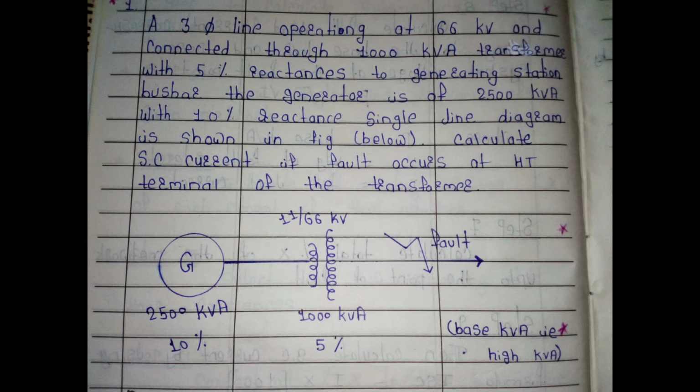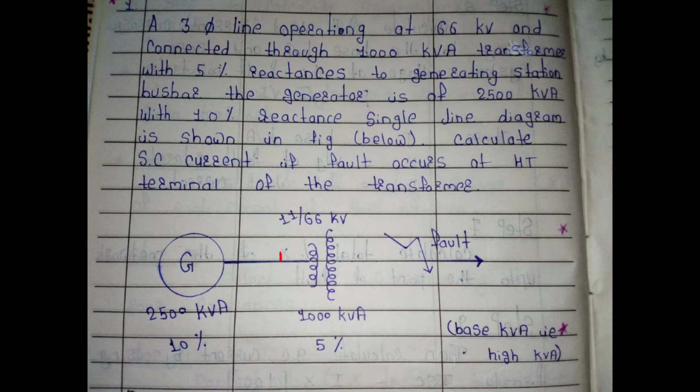So here a three-phase line operating at 66 kV is connected through a 1000 kVA transformer. This is given: the 66 kV line and the 1000 kVA rating of the transformer. The transformer reactance is 5%.